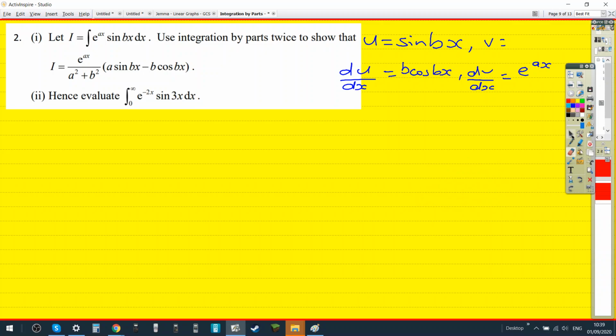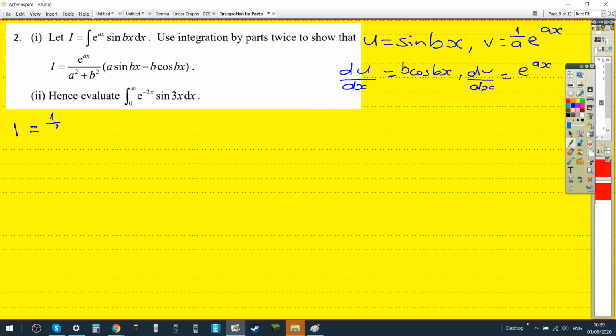Okay, and then e to the ax integrated. Is that like 1 over a e to the ax? What I'm thinking is it puts an a on the bottom, and that might do something. So then you do sine bx times 1 over a e to the ax.